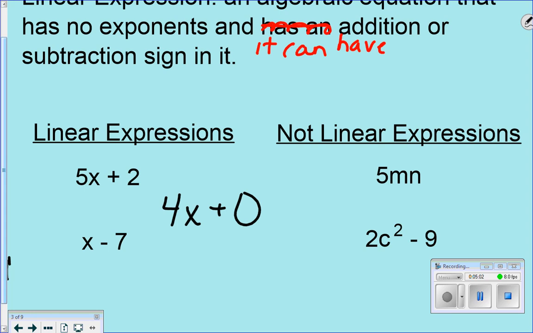Okay, so anything that has an exponent, not a linear expression. Anything that has more than one variable, not a linear expression. Basically, everything else is though. Okay, these are considered examples. Maybe you want to just put this as an example. You don't have to put all of them. It's up to you how you want to put in here what is and what's not.